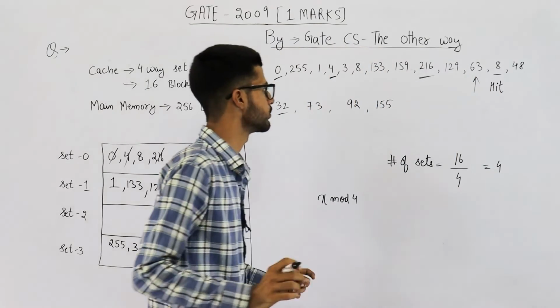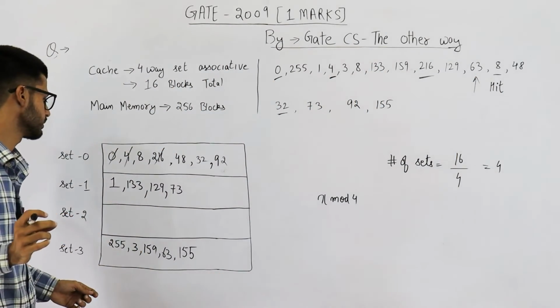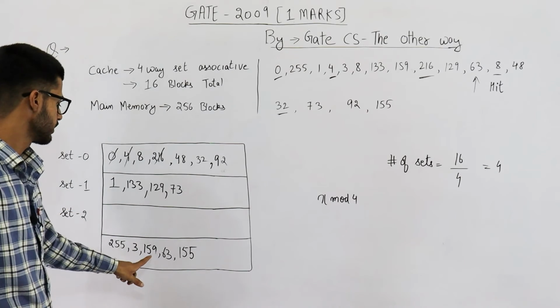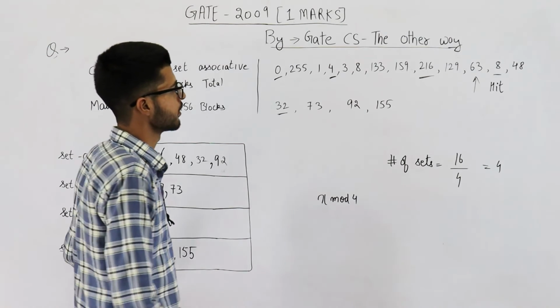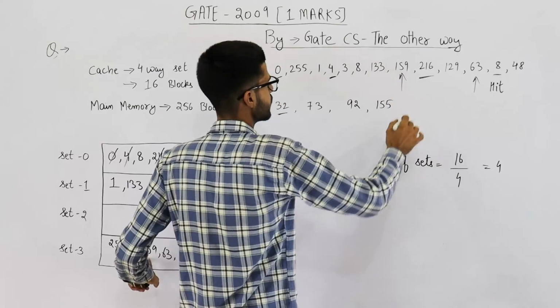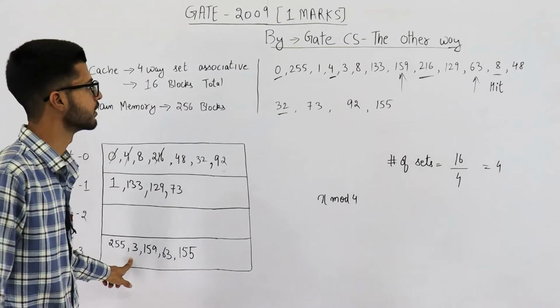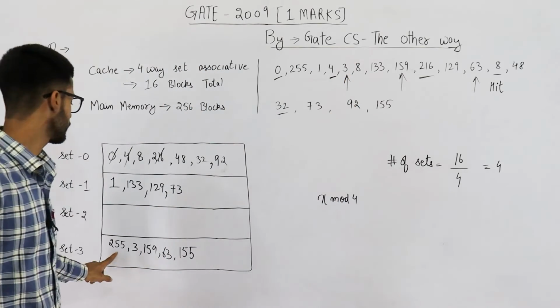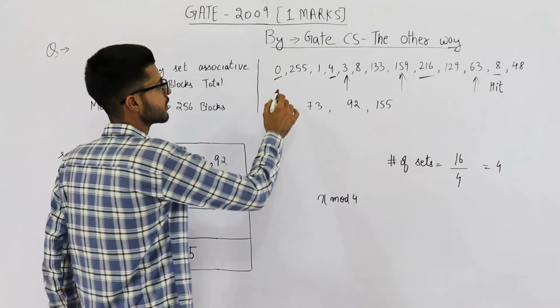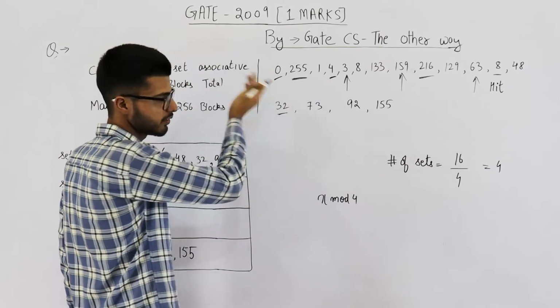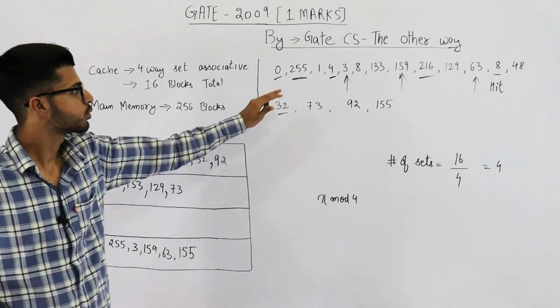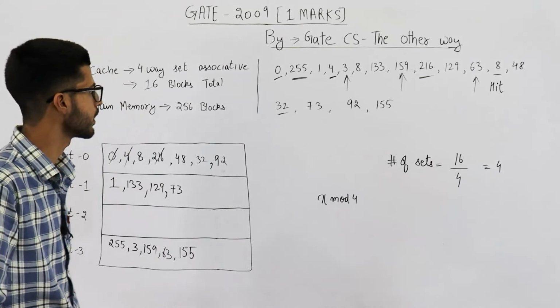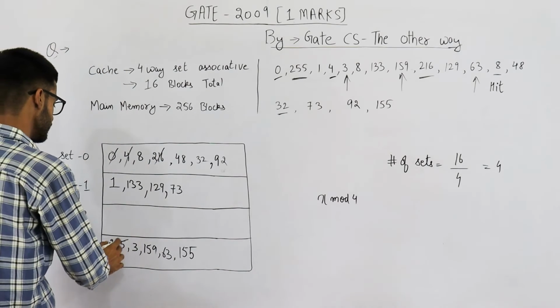No. It is the most recently used. Then 159. It is here. We won't delete even 159. Then 3. 3 won't be deleted either, because 255 is still present even to the left of 3. So this one is the least recently used one. So we are going to delete this.